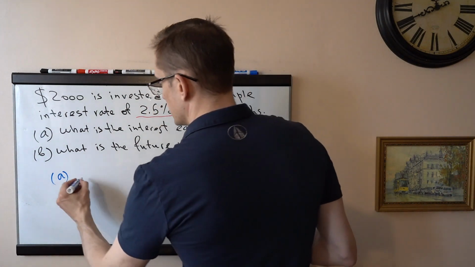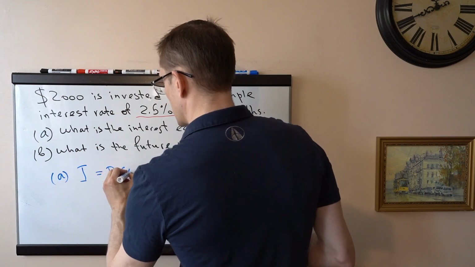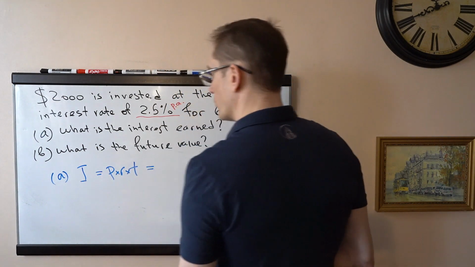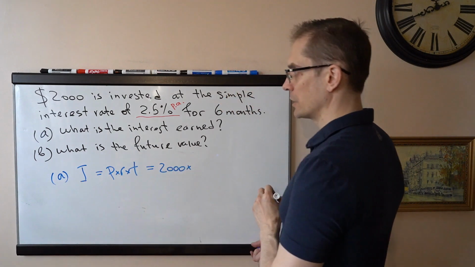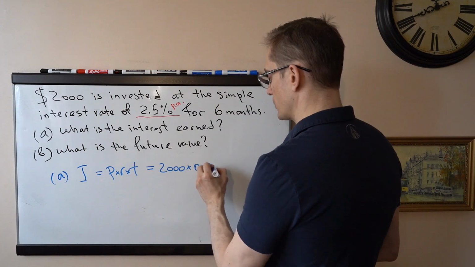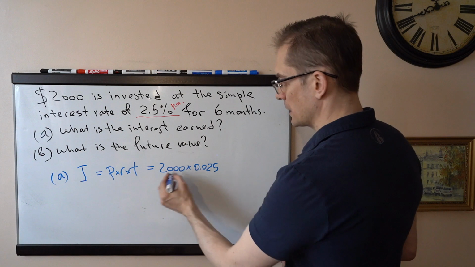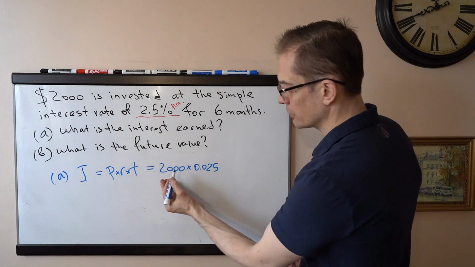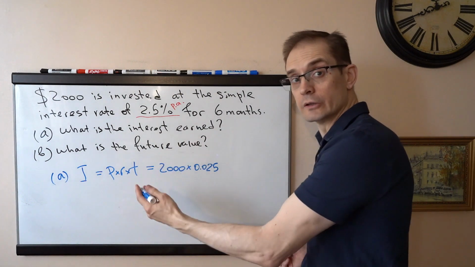Well, question A: interest is P times R times T, right? What is our principal? It's 2,000 times rate. So it's 0.025, the corresponding rate per one. Now, if you just do that, you found 2.5% of $2,000 for a year.